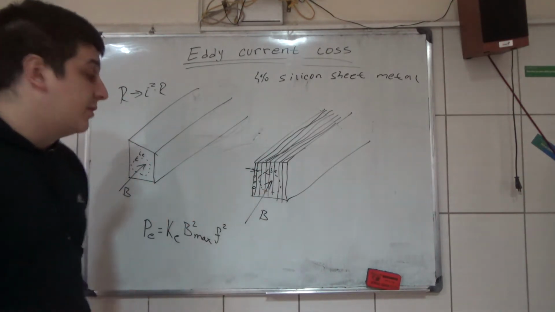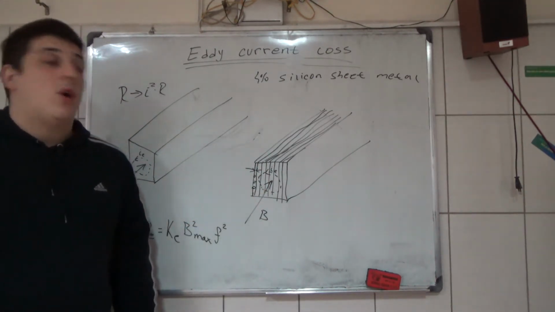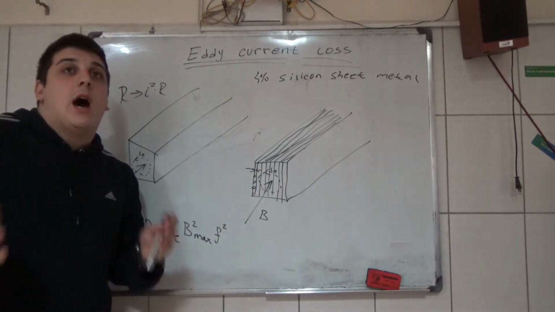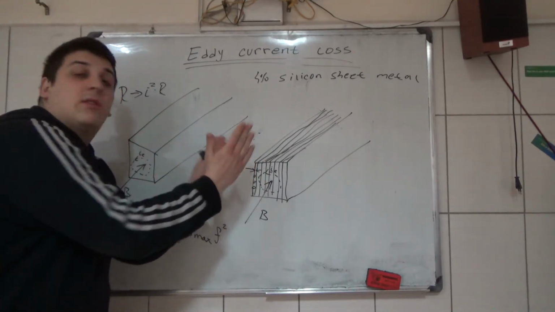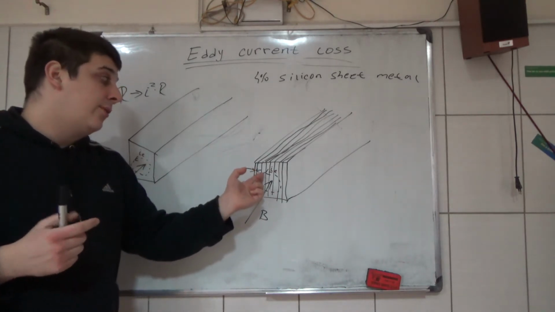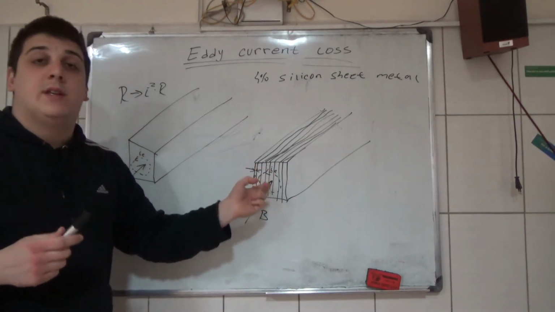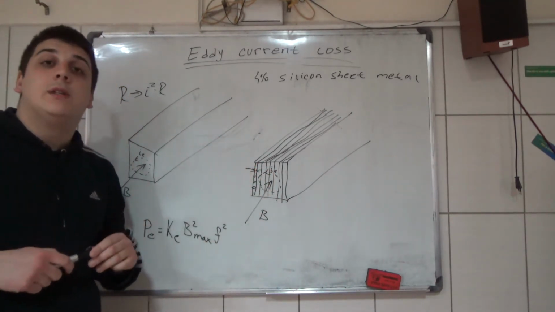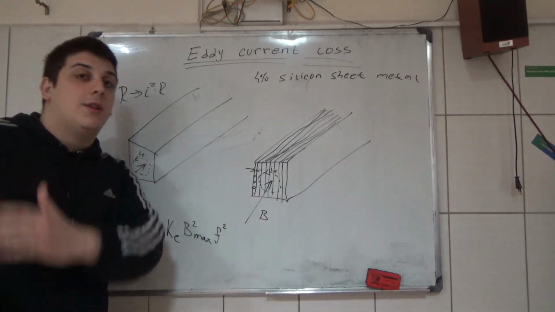Usually all electric machines are laminated and stacked together with an isolating material, so we reduce these eddy currents and make the power loss smaller and smaller.